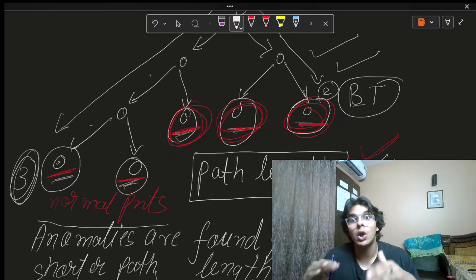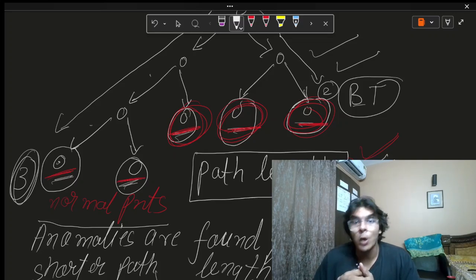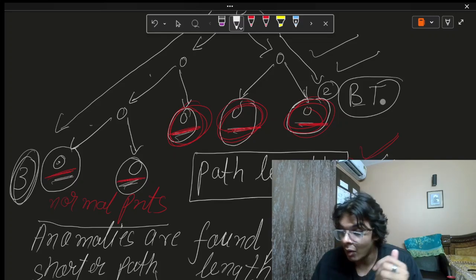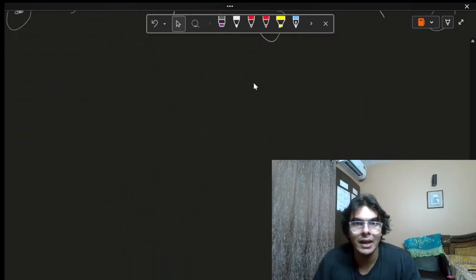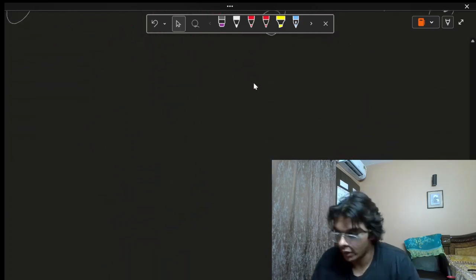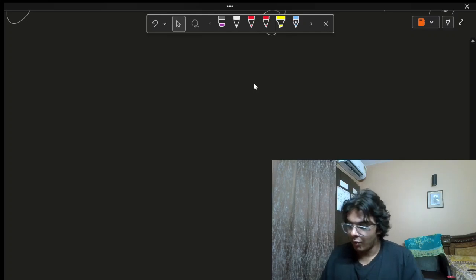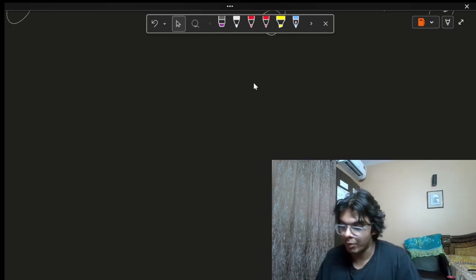They are going to take a lot longer to cover. The anomalies are few, and the probability to find them is very high, which is why they will be found very quickly. So whenever you see a shorter path length, it means that the point is most probably an anomaly. Okay, that is how we do it for the anomalous and non-anomalous points. Okay, very important.